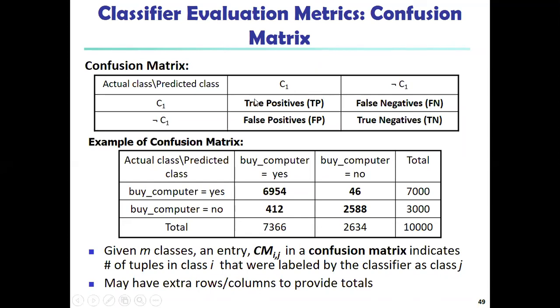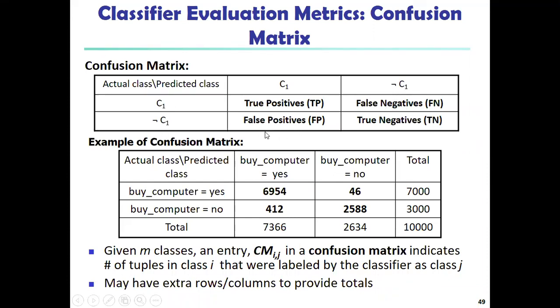Next, false negative means your model has predicted no, but your actual class or actual data is yes. It's totally mismatched. Your model predicted no, and your actual data gives the class level yes. So it is called false negative.